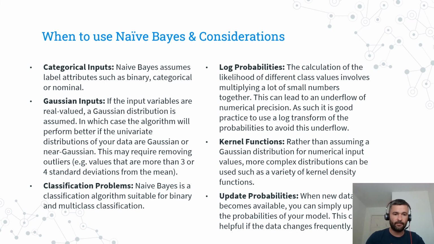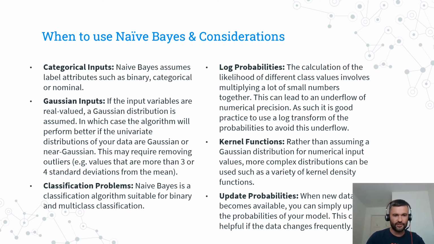Your log probabilities: in order to calculate the probability of various class values, many small numbers must be multiplied together. So this can result in a lack of numerical precision. In order to prevent this underflow, it's recommended that you employ a log transform of the probabilities.